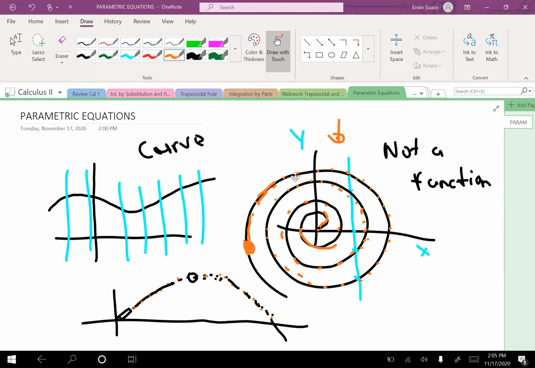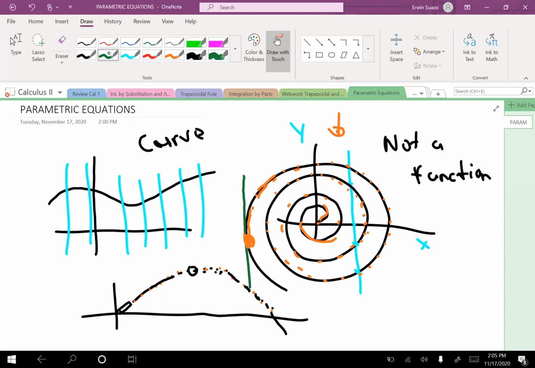So if we can represent a real life problem, we can find, for example, in this case, the velocity of the particle, by finding the slope of the tangent line over here.